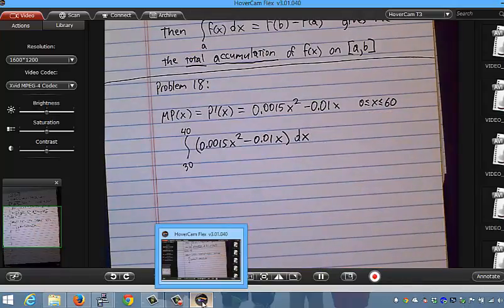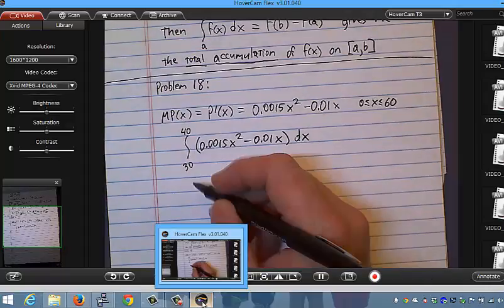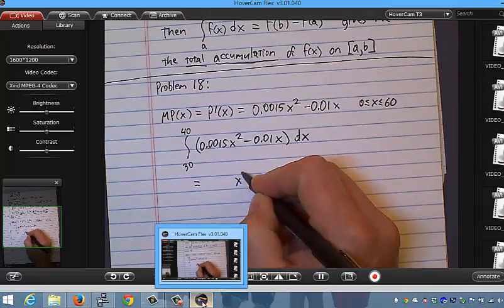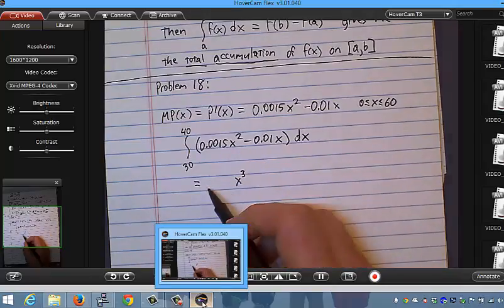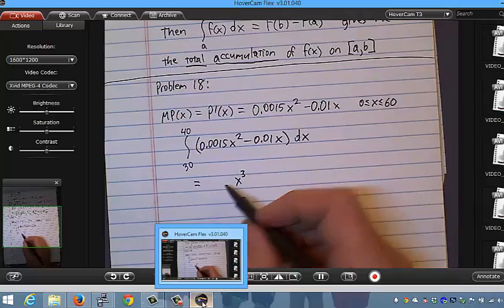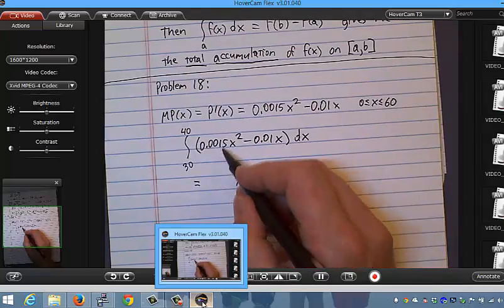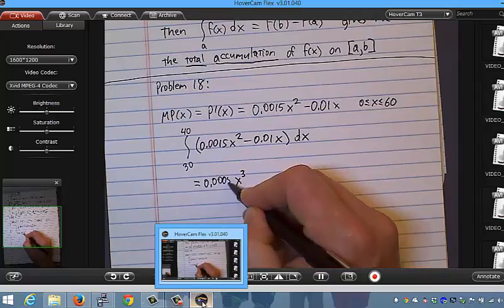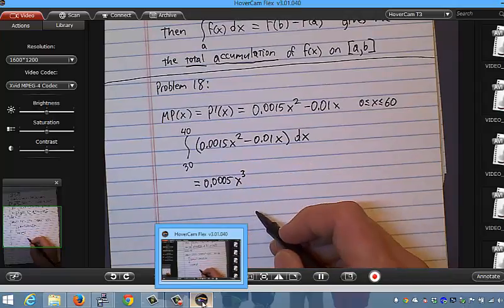This doesn't look too hard. So I can do this by hand with an antiderivative. So it's going to become an x cubed, and that means I need to divide by 3 out front, so 15 divided by 3 is 5, so it's 0.0005x cubed, right?